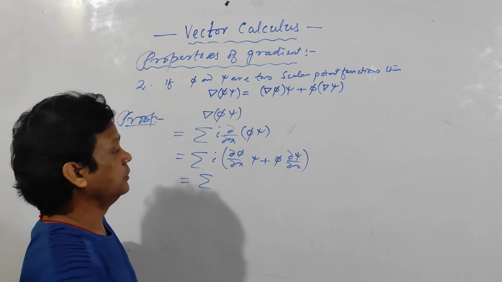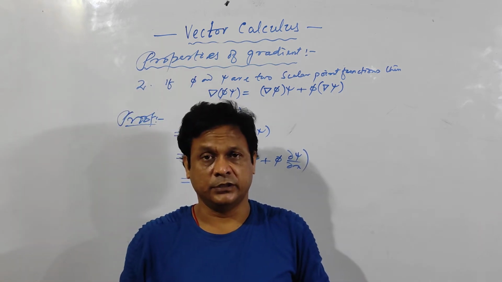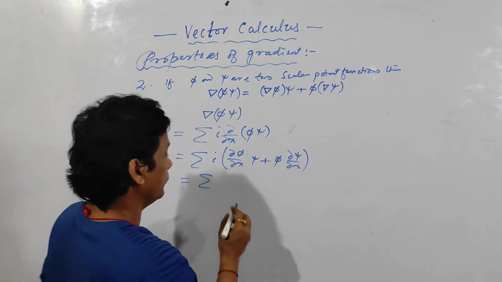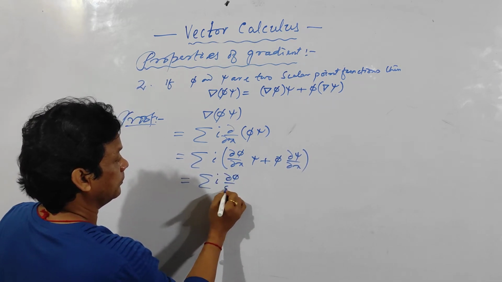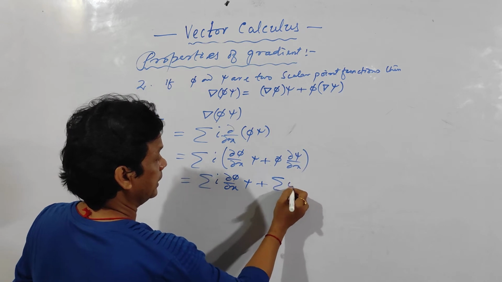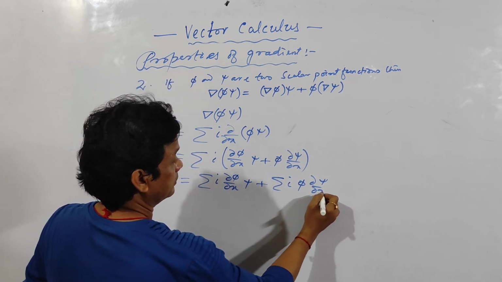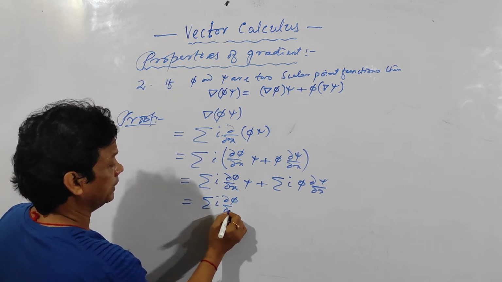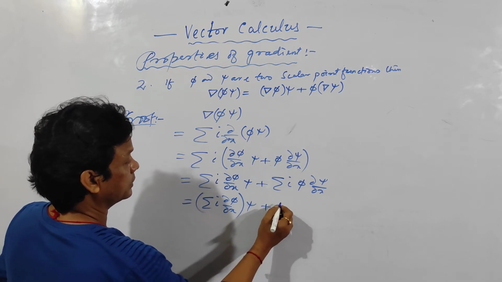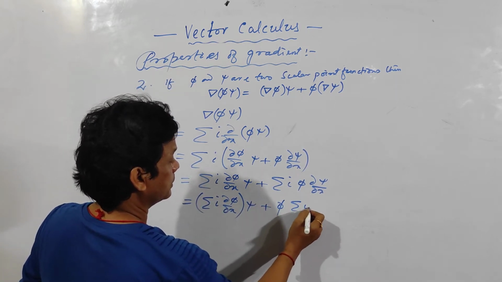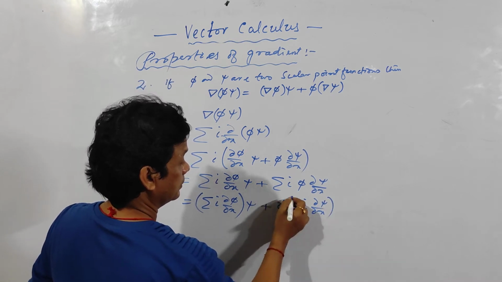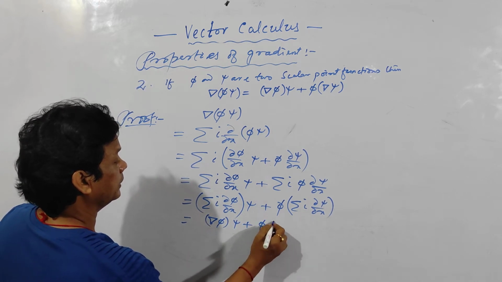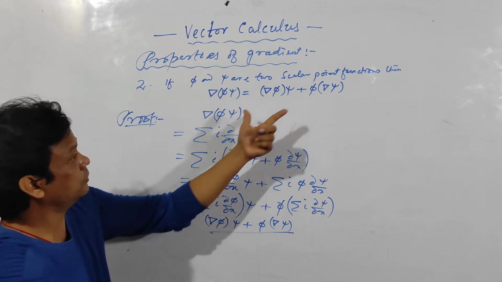Within the summation, always keep the i, j, k and x, y, z terms; the other terms are constant. So the summation of i ∂phi/∂x into psi plus the summation of i phi ∂psi/∂x. Here psi is a constant in the first term, and phi is taken to the left in the second. So the summation of i ∂phi/∂x, whole into psi, plus phi times the summation of i ∂psi/∂x. So this one is grad phi into psi plus phi into grad psi. This is your proof.